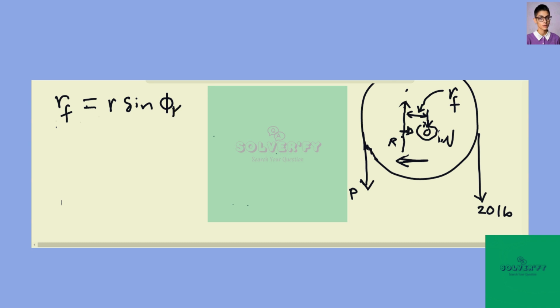And we can get the angle of kinetic friction from the relation arctan of the coefficient of kinetic friction. So it's given in the problem.